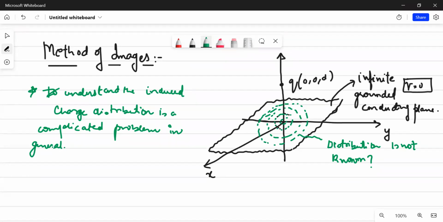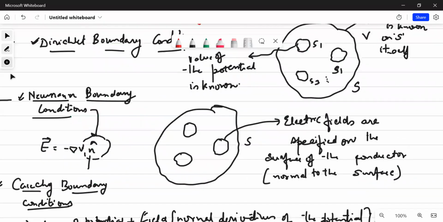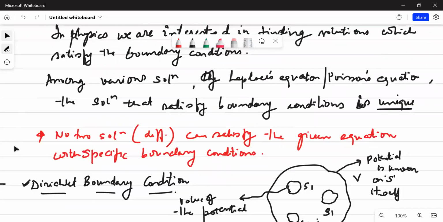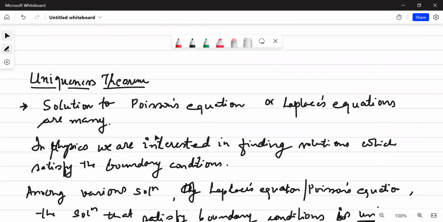So what we'll do is use something called the uniqueness theorem for the Poisson equation. We just now said that if you want to find the solution of the Poisson equation or Laplace's equation, in general there are many solutions.